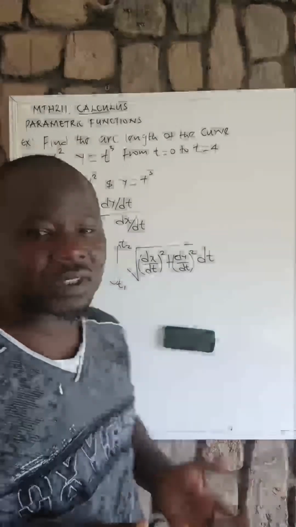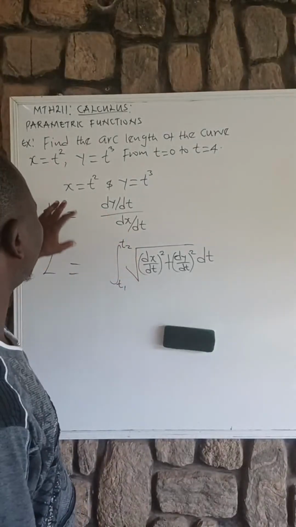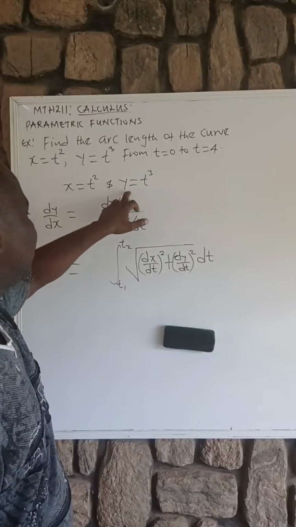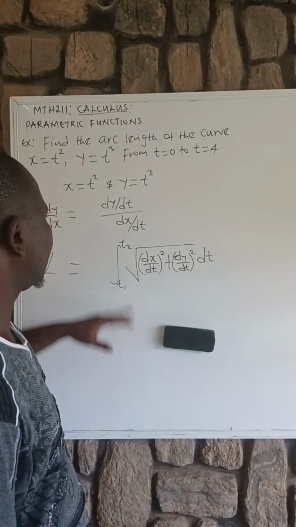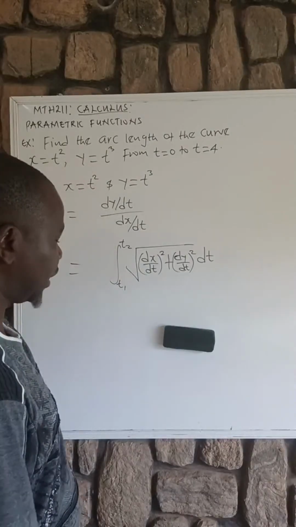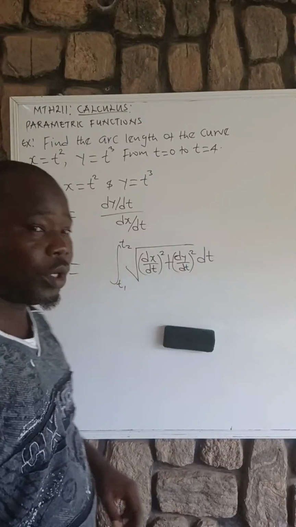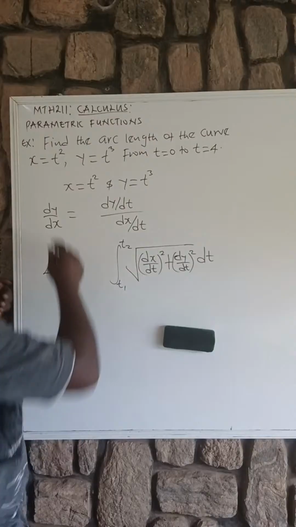So this is what you are going to use to obtain the arc length. But at first, how can we obtain the arc length? It means we have to differentiate these functions with respect to t. Differentiate y with respect to what? t. Then we substitute in here to obtain our arc length. So let's differentiate.